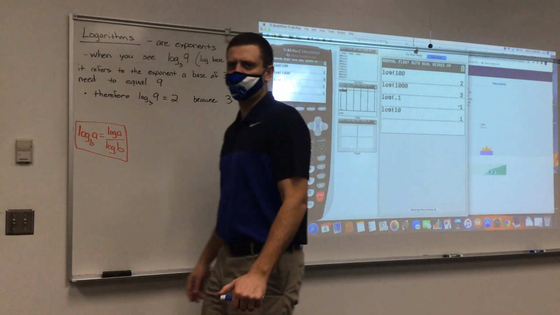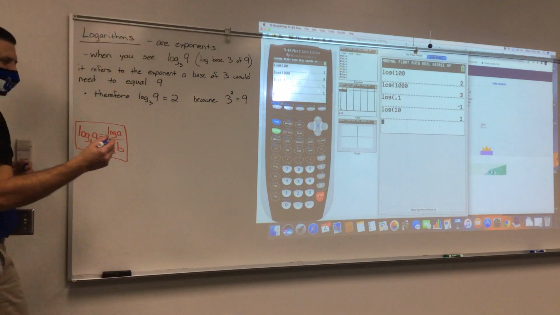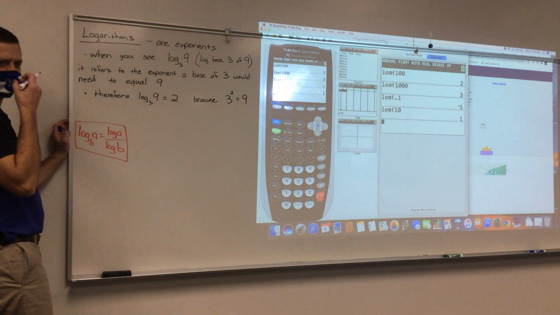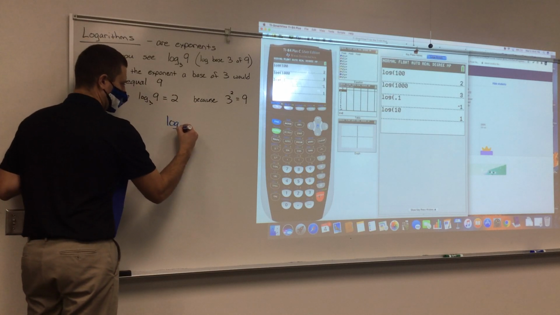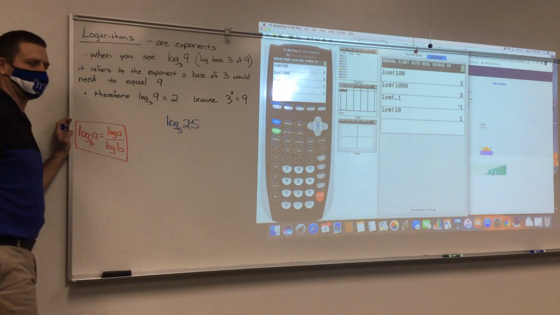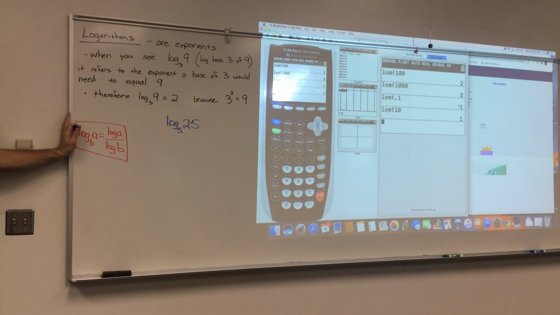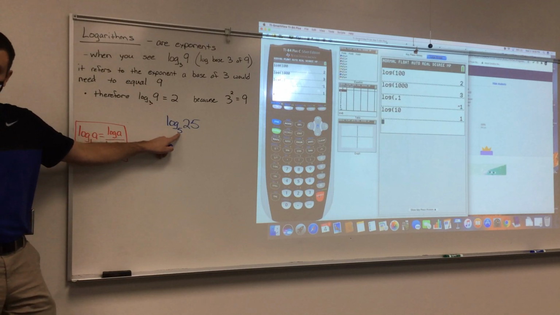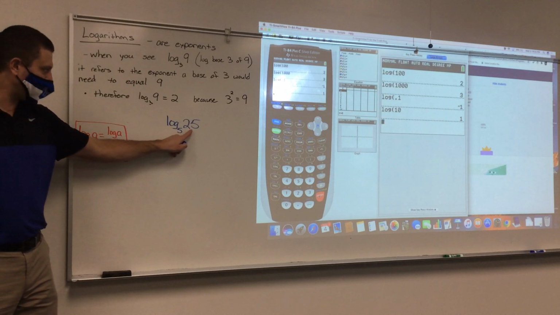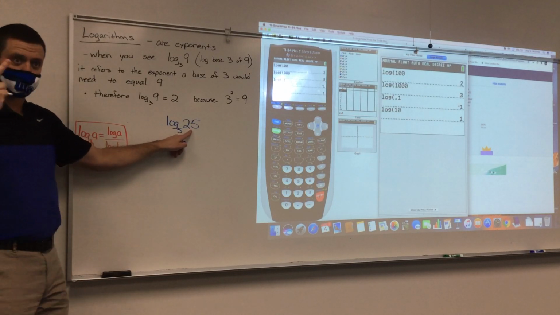So let me ask you a few mental math logarithms here. Don't need to write any of this down. I'm just going to ask you some mental math questions. Log base 5, 25. What's the answer? It's 2 because 5 raised to what exponent equals 25? 2, right?